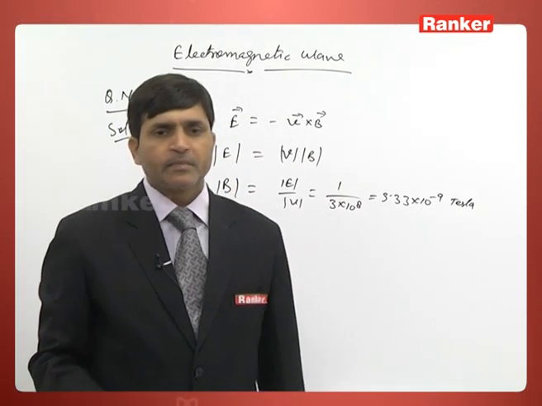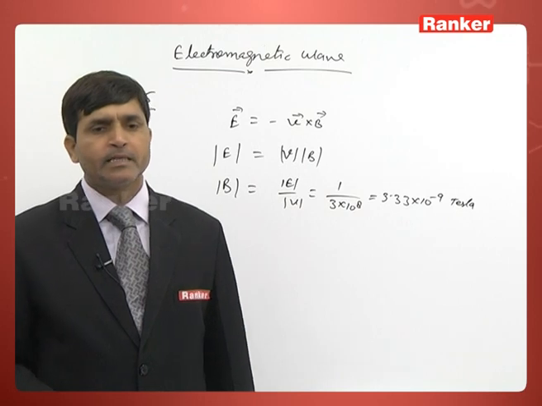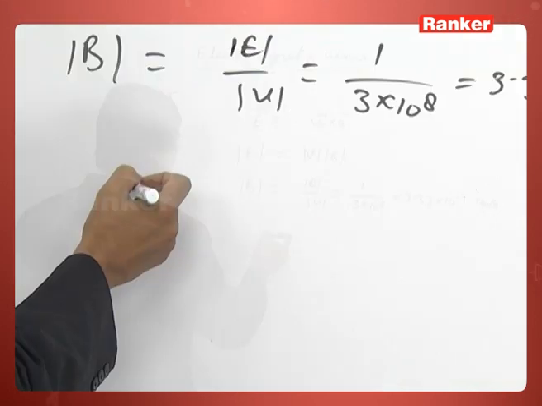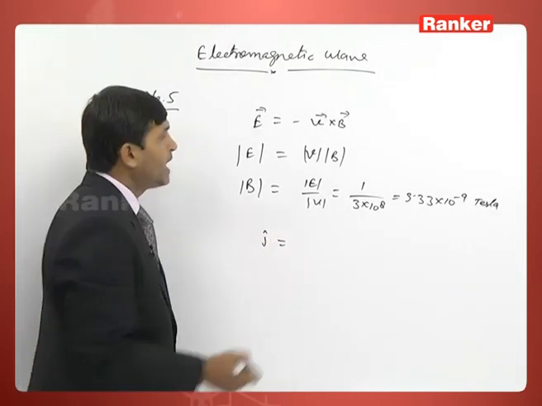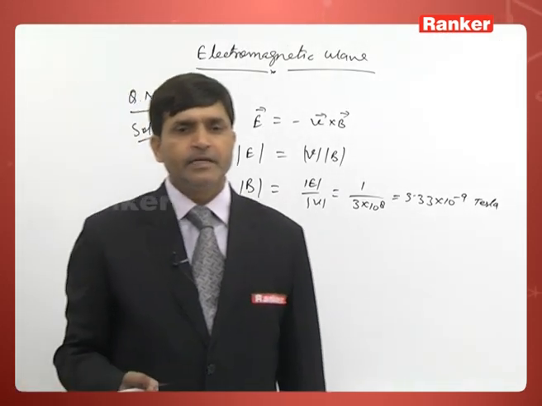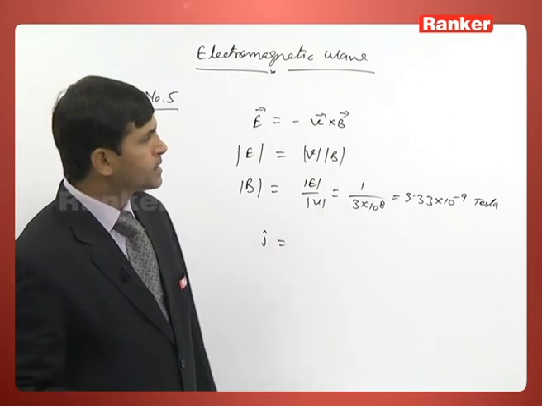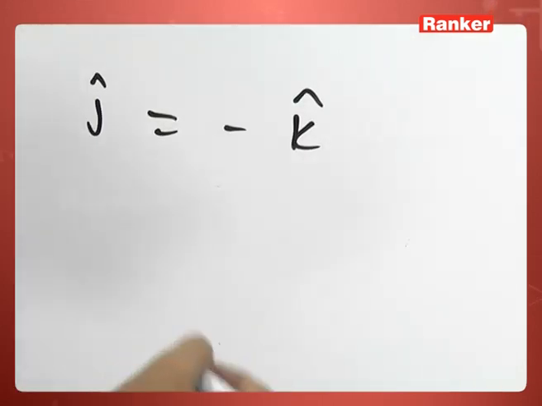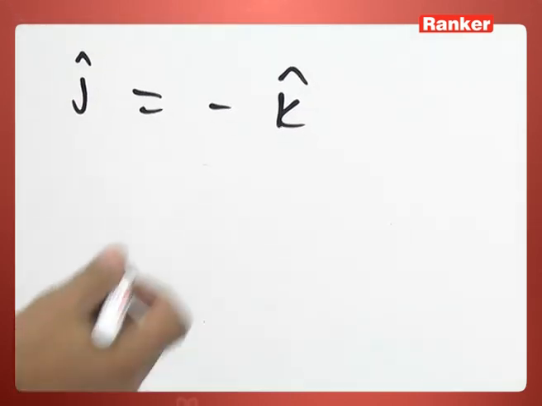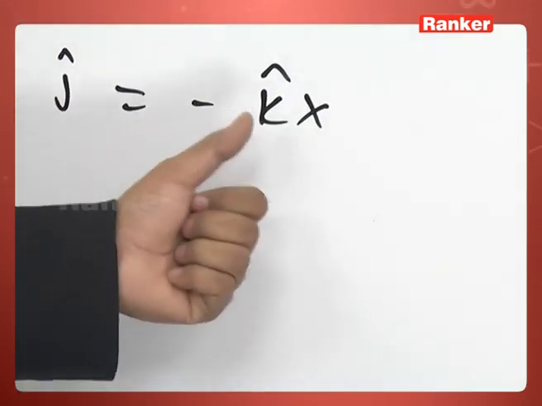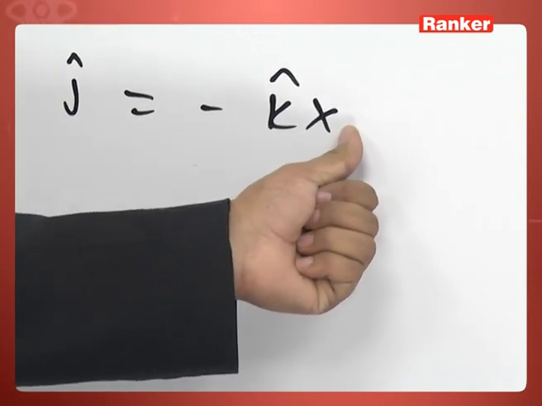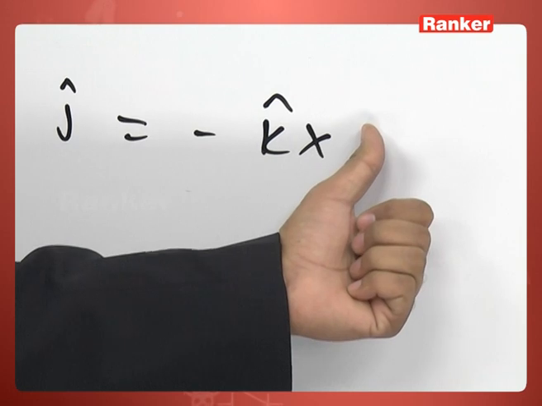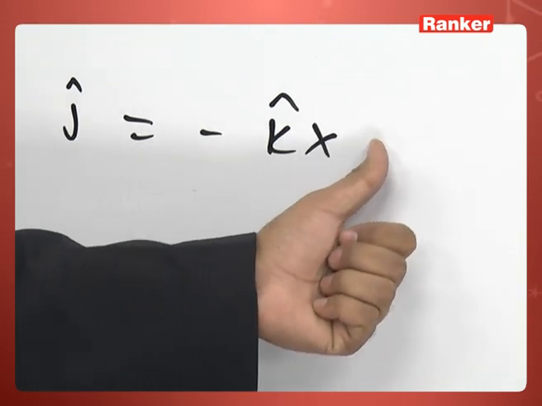It is given the electric field is pointing in the y direction, so E is j cap, and the electromagnetic wave propagates along plus z, plus z means k cap. So we want j cap, and for that, in k cross something. If we write k cross i, k cross i gives you plus j.